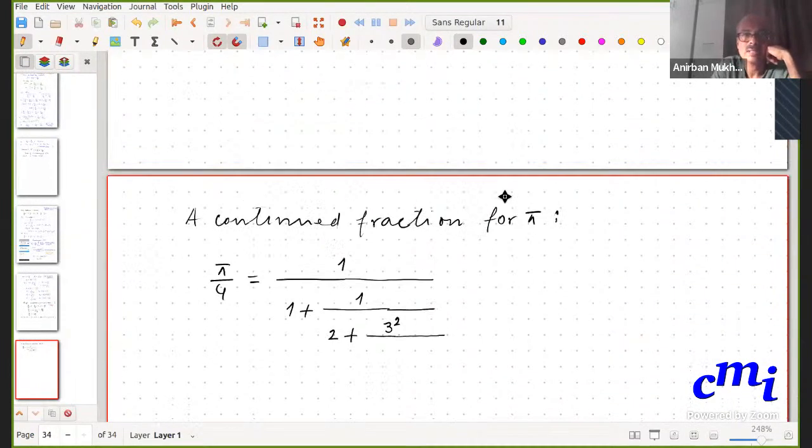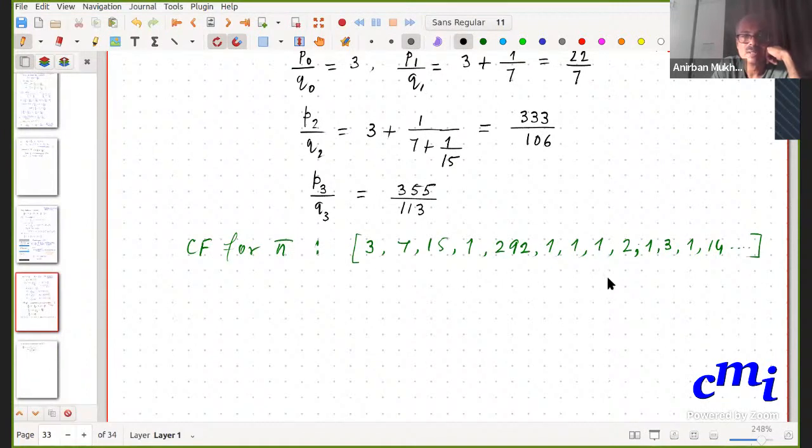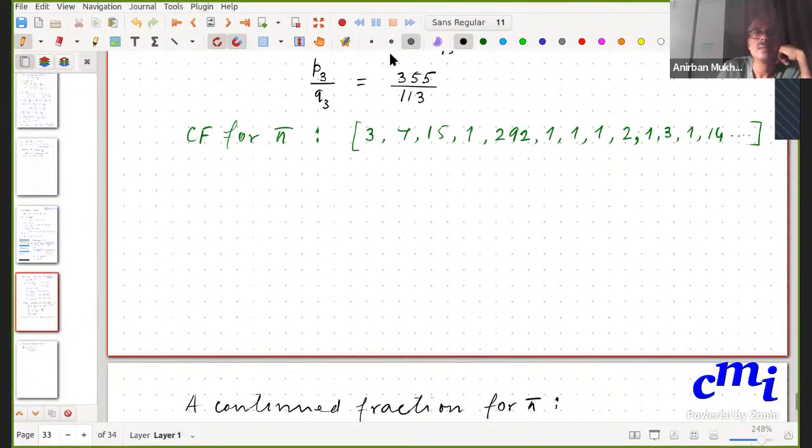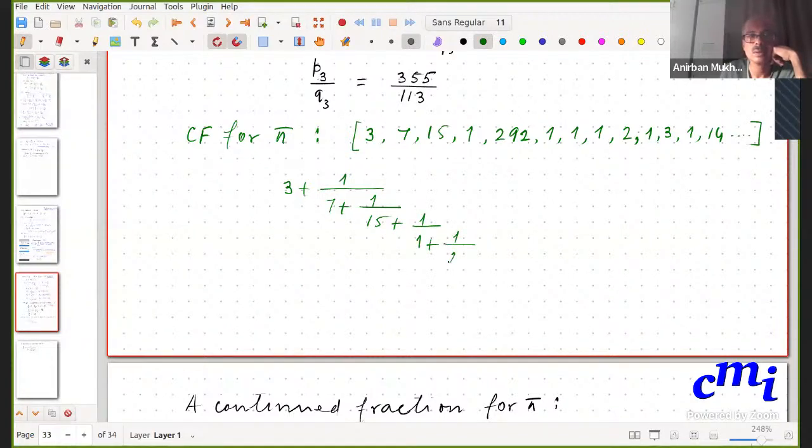When we talk about the continued fraction expansion of pi, it is of that form: 3 plus 1 over 7 plus 1 over 15 plus 1 over 1 plus 1 over 292, then plus 1 over 1 plus 1 over, and it just goes on like this.